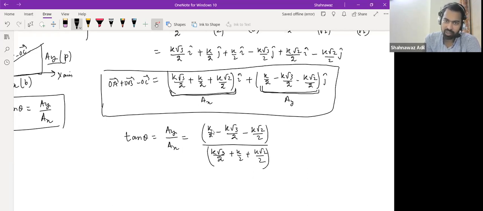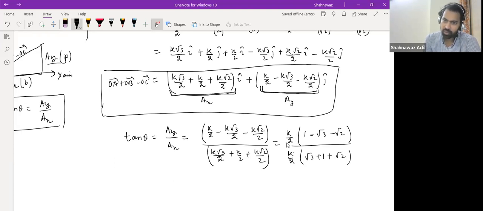And what is common here? So k is common and by 2 is common. So I can take k by 2 outside, and this would be 1 minus root 3 minus root 2. And again, from here I can take k by 2 common. So this would be root 3 plus 1 plus root 2.